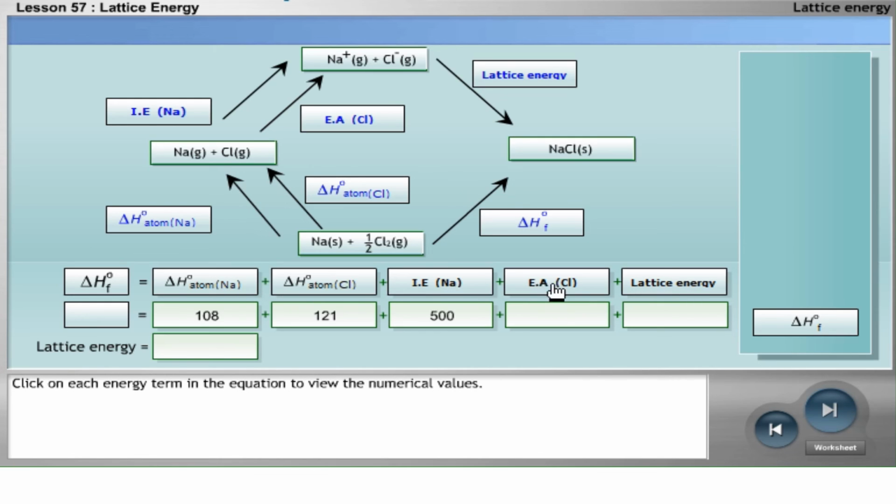This is a value for each enthalpy change. From this equation, we can rearrange to determine the lattice energy, which is equal to negative 776 kilojoule per mole.